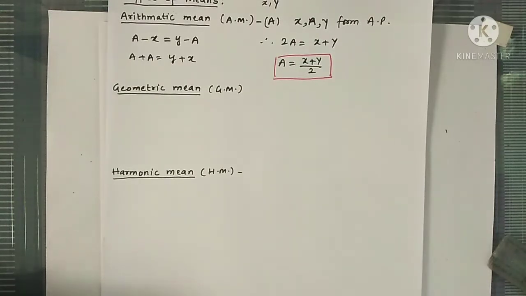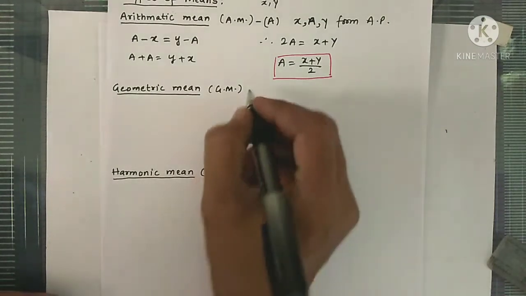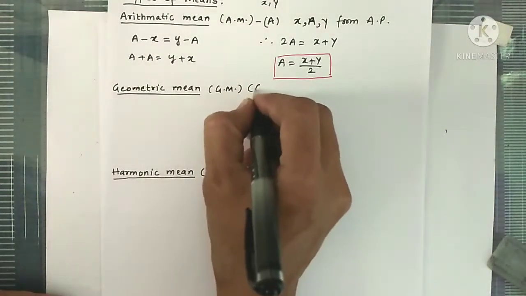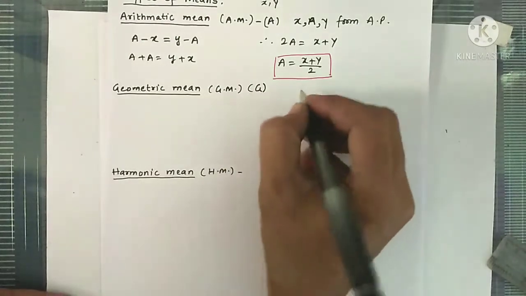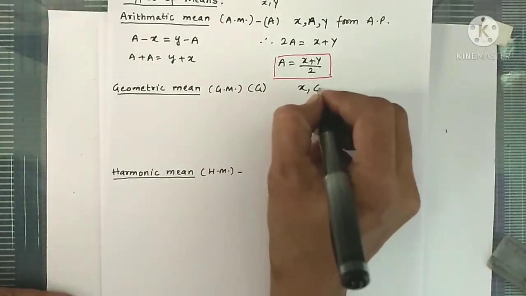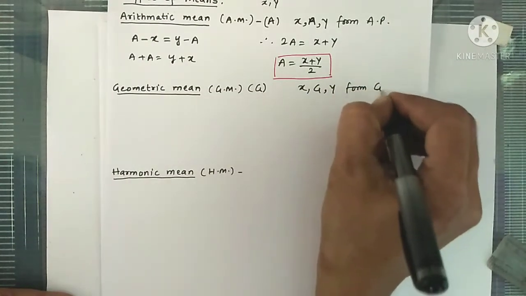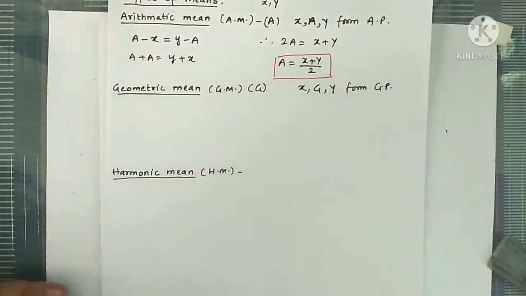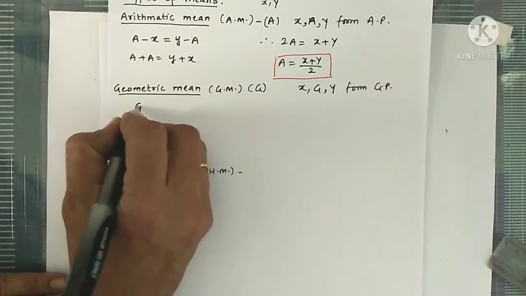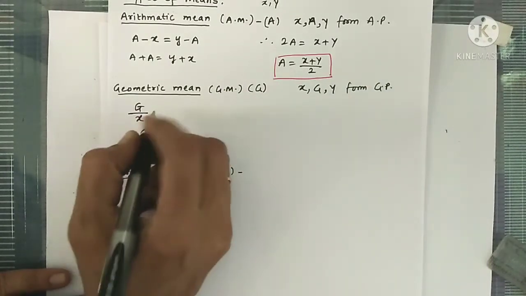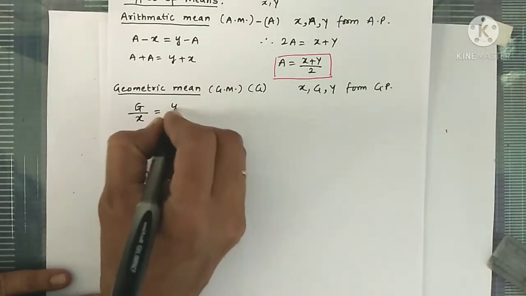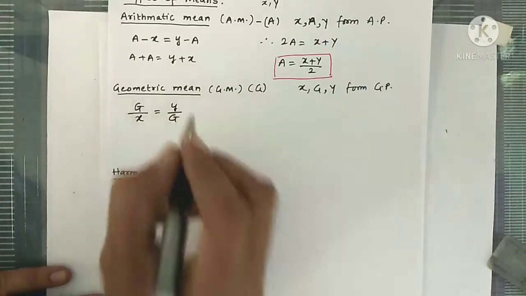Now let's see geometric mean. Now as the name suggests, if these three numbers are in GP, then we say that it is geometric mean. Geometric mean is denoted by G. So now x, G and y form a GP. GP means what? Ratio is constant. So second term divided by first term equal to third term divided by second term.